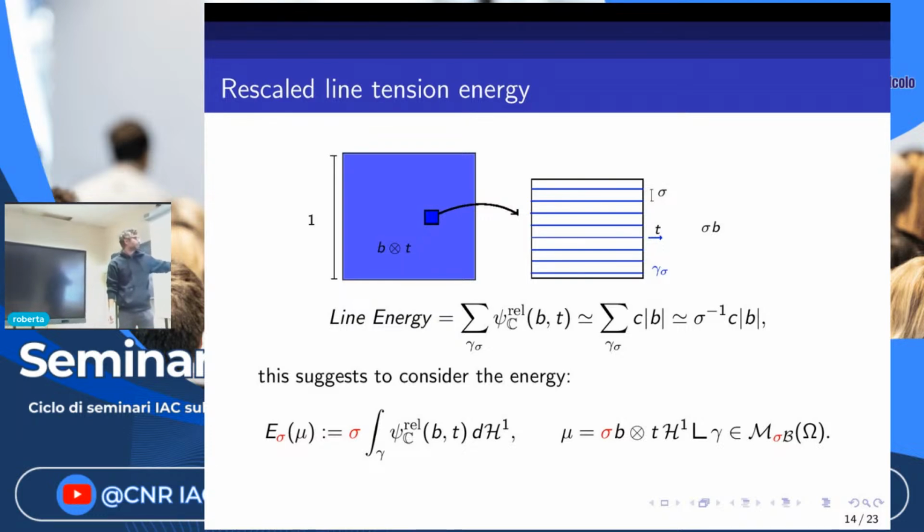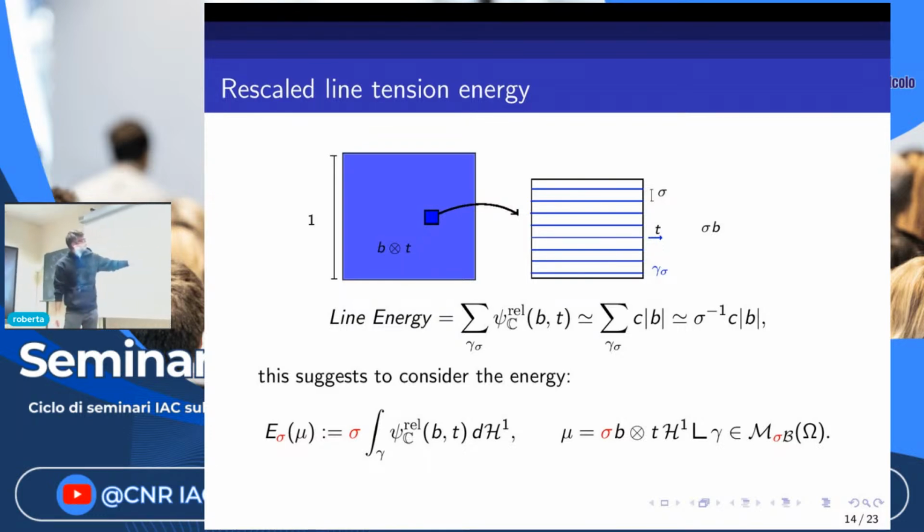Macroscopically I see B, but on a mesoscale I have uniformly distributed dislocation lines with Burgers vector sigma B. So the dislocation lines are separated uniformly by the distance sigma, and consequently I want the Burgers vectors to be smaller, proportional to sigma.